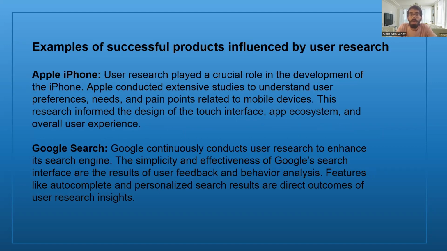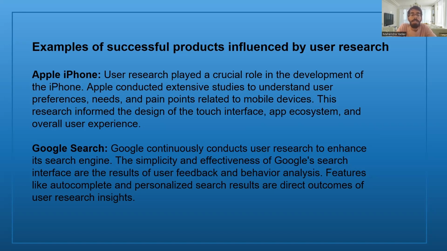Examples of successful products influenced by user research. Let's take the example of the Apple iPhone. They did user research and it played a crucial role in the development of the iPhone. Apple conducted extensive studies to understand user preferences, needs, and pain points related to mobile devices.